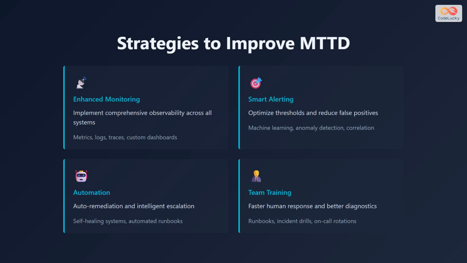Third, automate detection and response where possible. Build self-healing systems and automated runbooks that trigger immediately upon detection. Fourth, invest in your team. Provide clear runbooks, conduct incident drills, and establish efficient on-call rotations so humans can respond quickly when automation cannot.